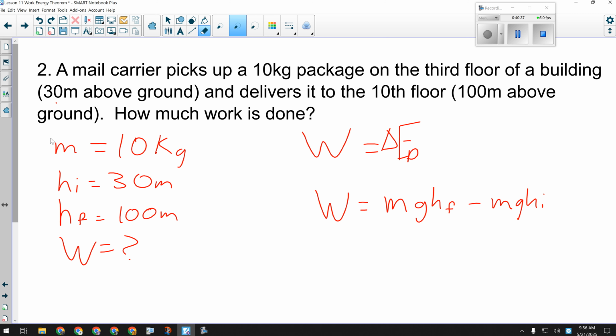There's more than one way to calculate work. In this case, I don't even have to manipulate. I just have to plug in the numbers. I know the mass is 10 kilograms. I know G is 9.81, and the final height was 100 meters, minus 10 times 9.81 times 30 meters.